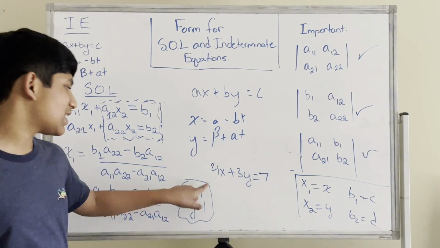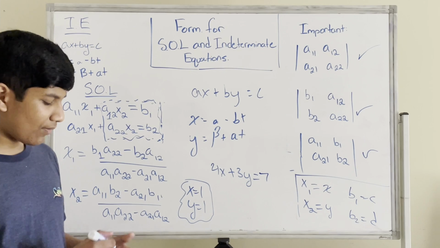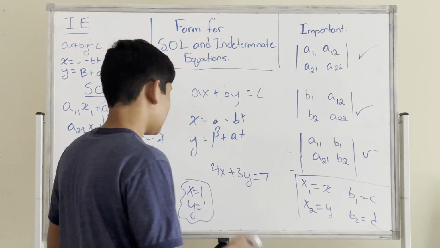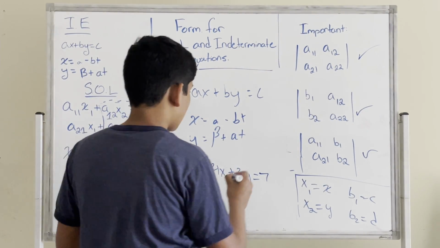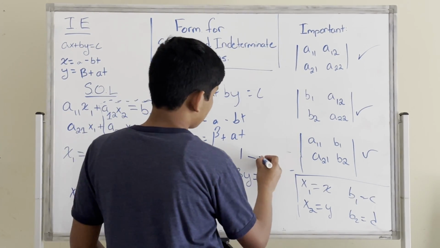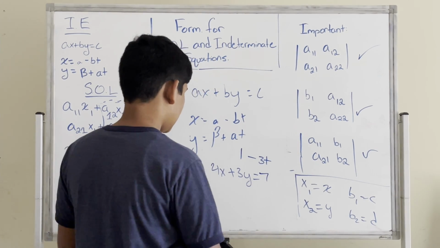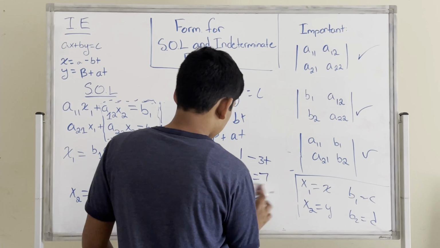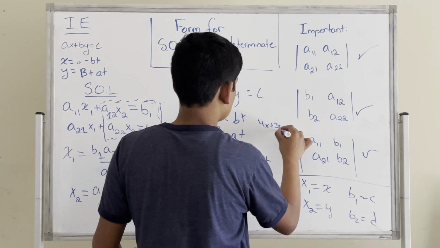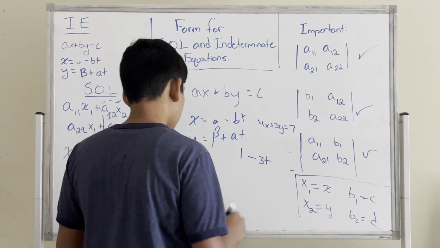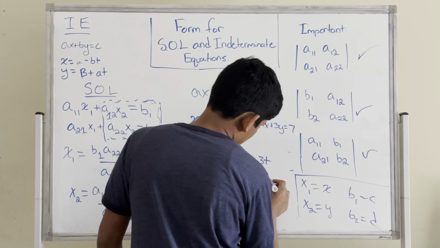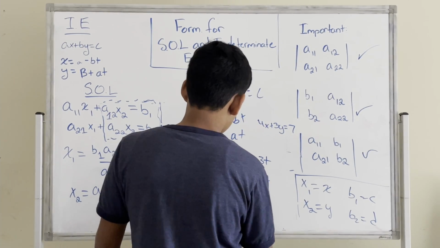Now we obviously can see, because 4 plus 3 is 7, that x and y equal 1. But there can be more solutions to this, so let's just see. So x will be little a, so we have 1 minus b, which is 3t, and we'll write this over here. B, which is 1 plus at, 4t. This is going to be x, and this is going to be y.